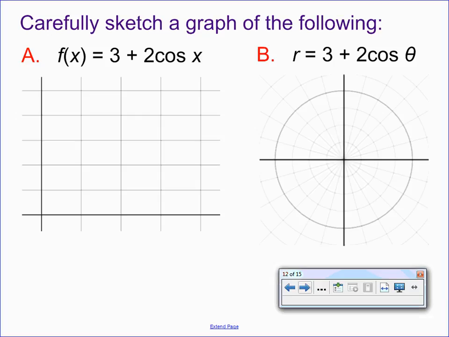The period looks like it remains unchanged, but that 2 multiplier, what does that 2 do? Yeah, that affects my amplitude, my wave height above and below my center line. So I'll add some key things like my center line. It's going to be y equals 3. We can add that in.